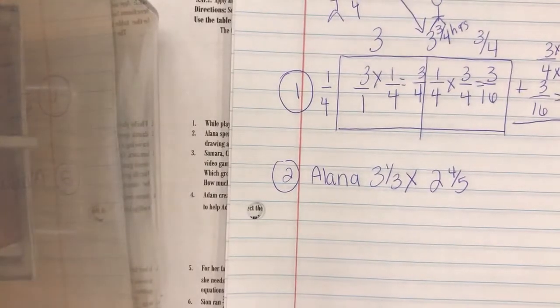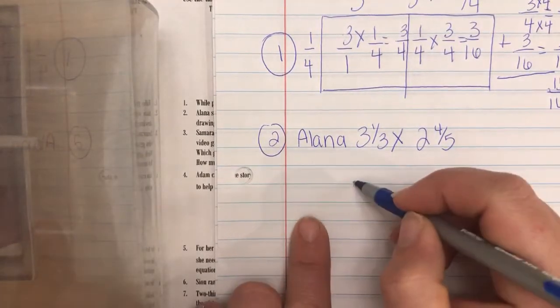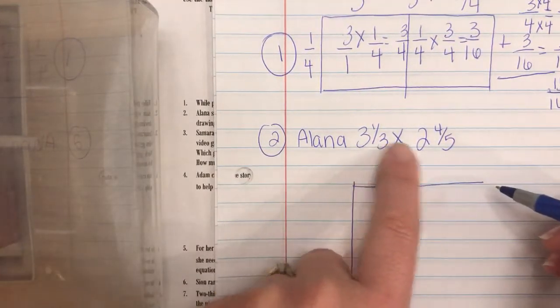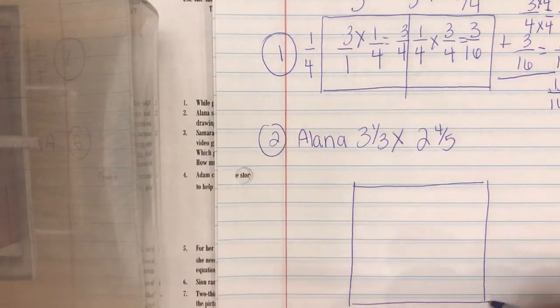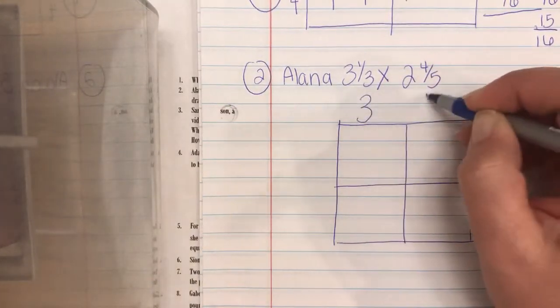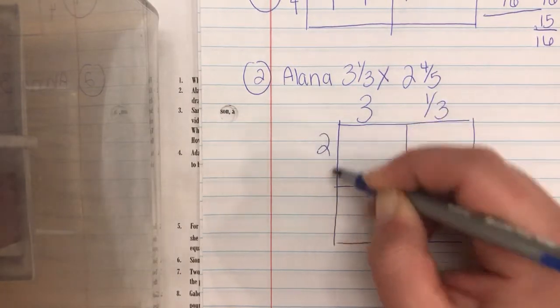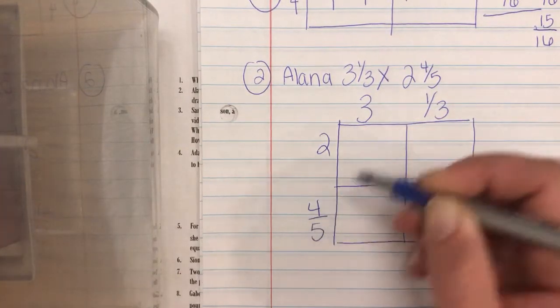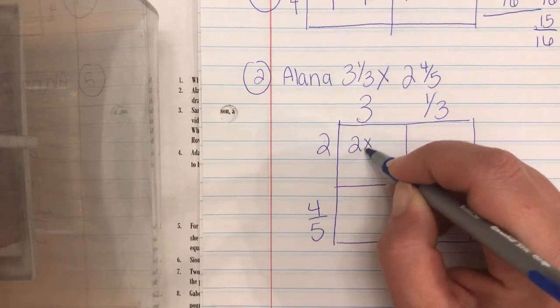We know those words. Sorry, dog had to go outside. So I'm going to make a rectangle with sections, 2 parts by 2 parts. Right, so 2 times 3.